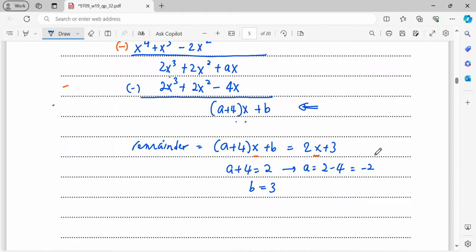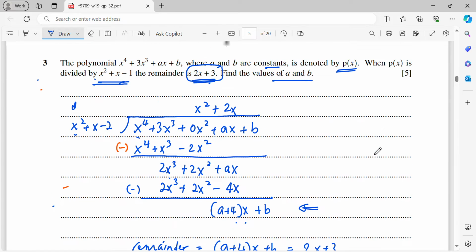Okay, let me check. Now, wait. I copied the question wrongly.